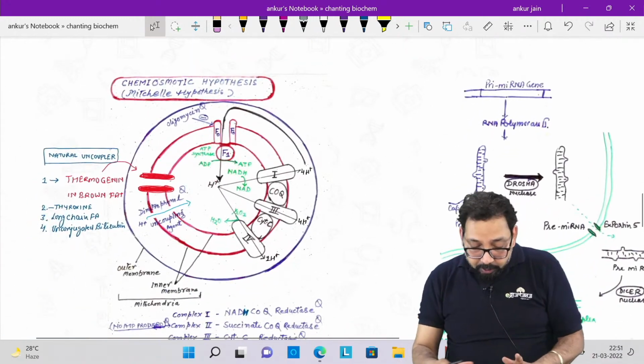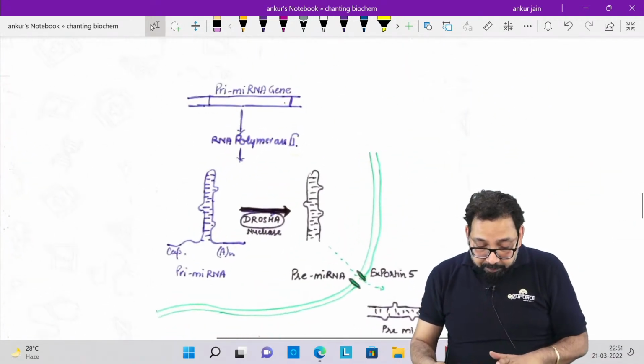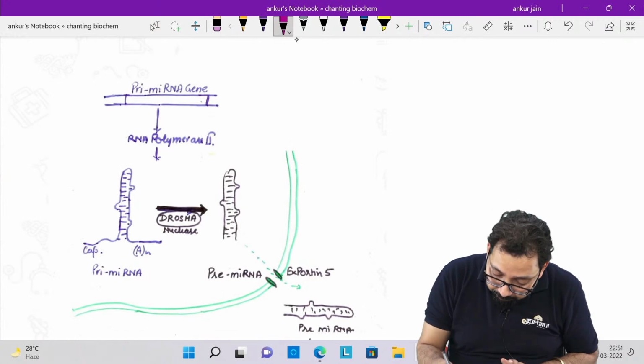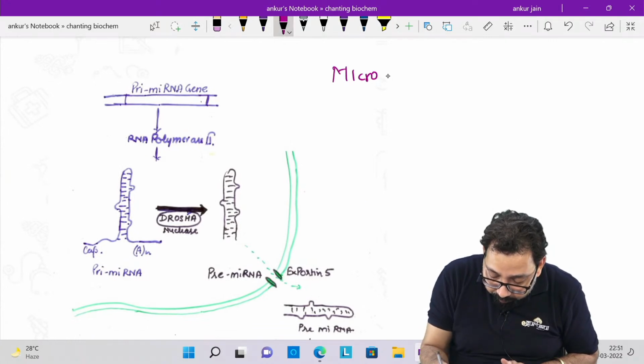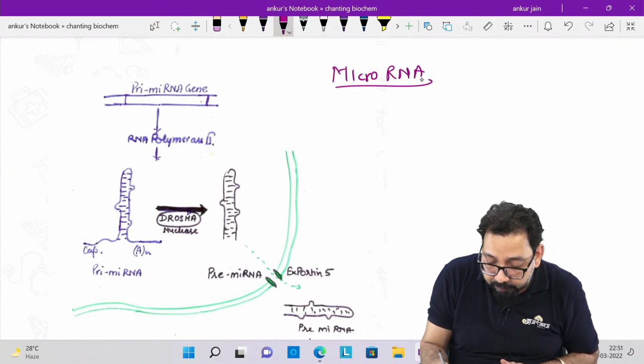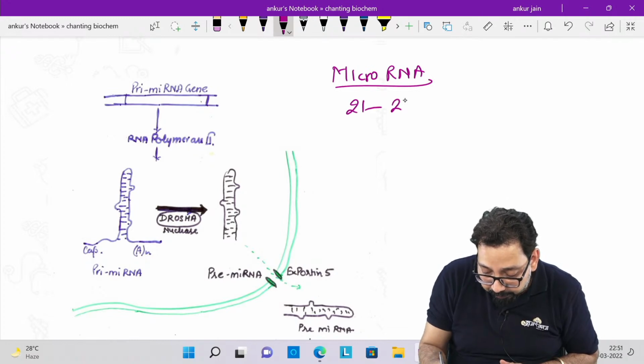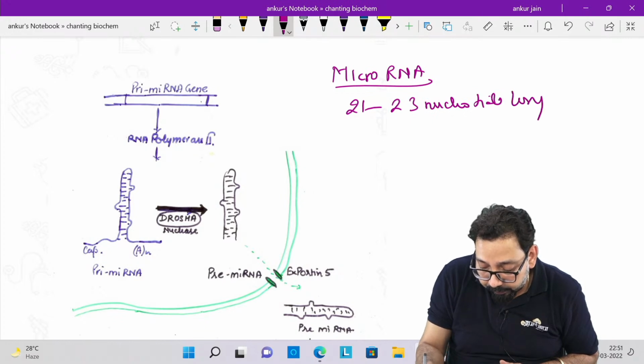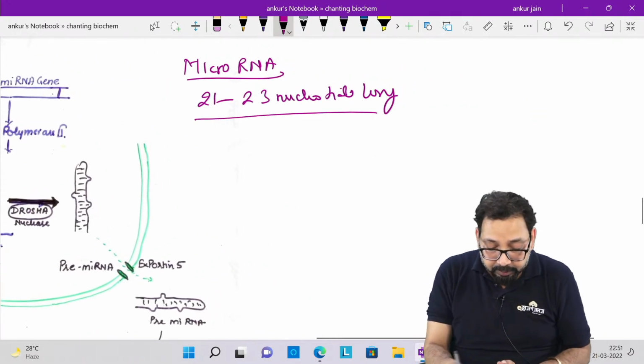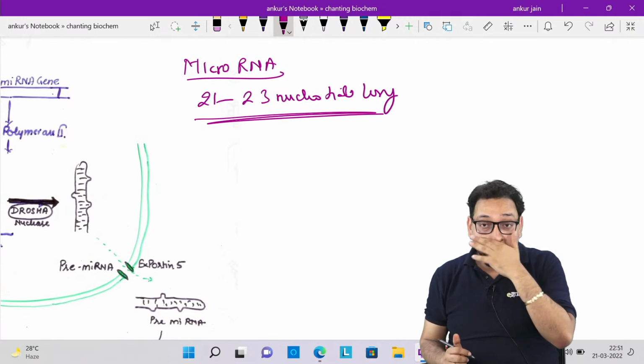Now, one more question. microRNA. Yes, microRNA is 21 to 23 nucleotide long. How many nucleotides are there in it? 21 to 23.